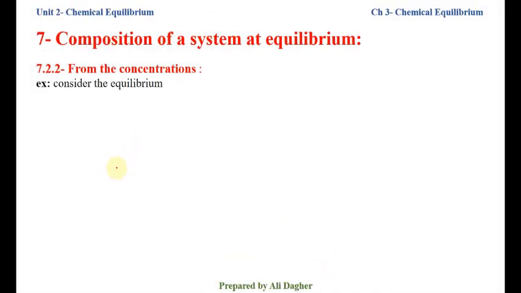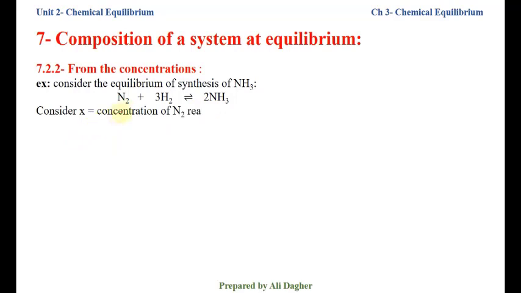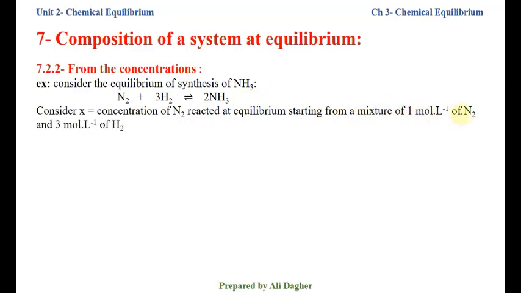Example, consider the equilibrium of synthesis of ammonia, NH3. Consider X the concentration of N2 reacted at equilibrium starting from a mixture of 1 mole per liter of N2 and 3 moles per liter of H2. Alpha is the concentration reacted over the initial concentration of N2, X over C0 N2, then X equals C0 N2 alpha, where C0 N2 is 1 mole per liter, then X equals 1 alpha.